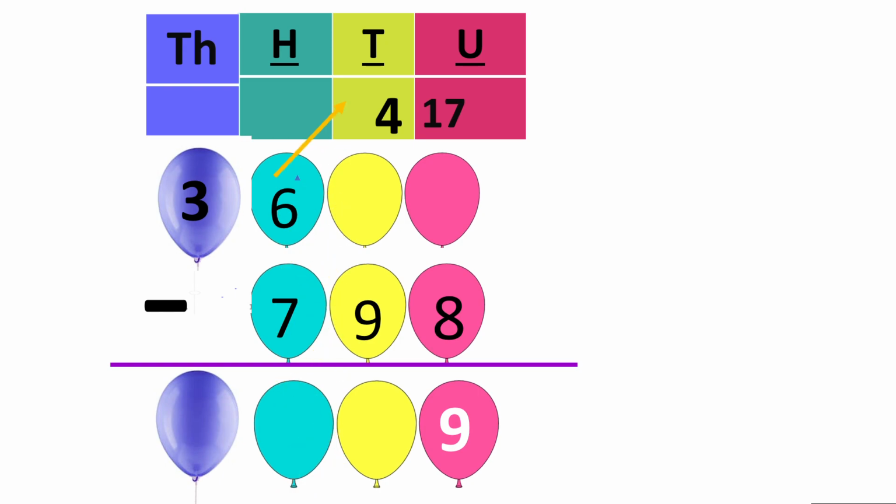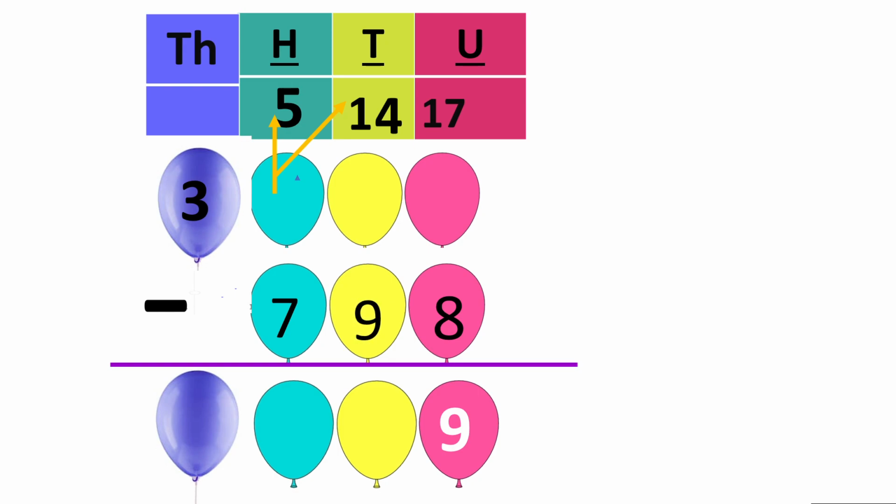Now remove 4 and 104 tens together becomes 14 tens. And in hundreds house, 100 is removed, reduced. So 500 will remain here. And remove this 6. Children, now it's easy for you to subtract 9 tens from 14 tens.